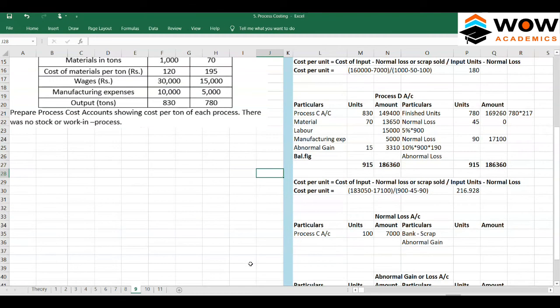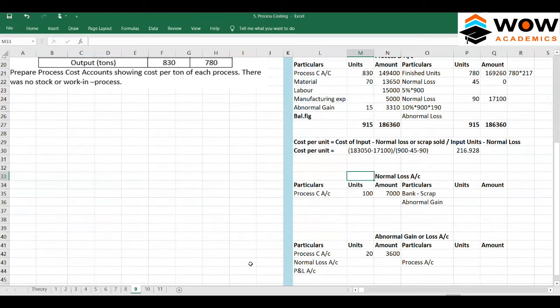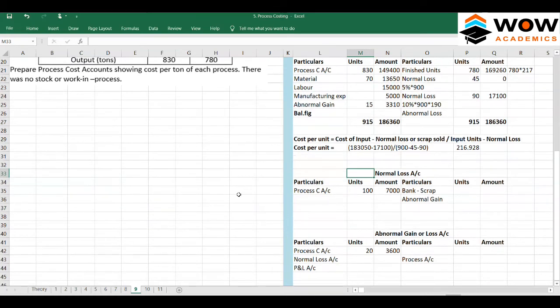So now we'll start with the accounts. We clearly have the process D account and it has to be transferred. First we'll transfer the normal loss to the account, and now we have the account name as D, not C. This is neatly transferred.